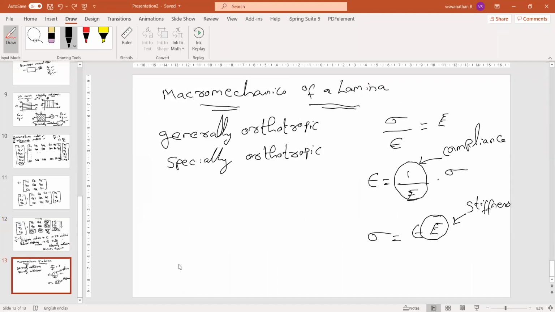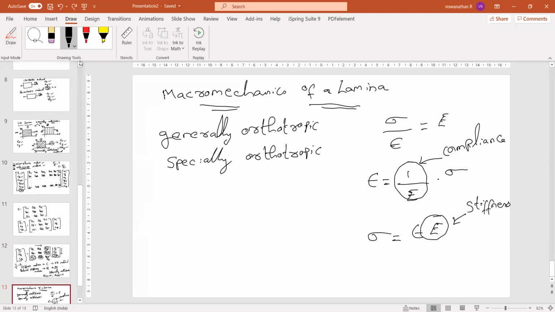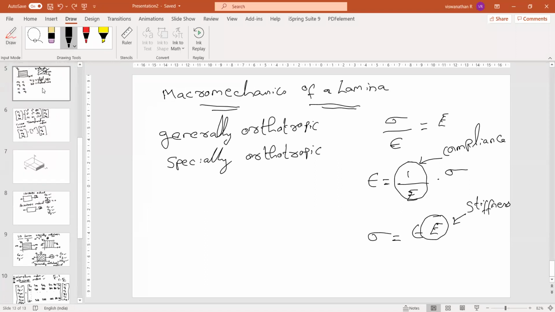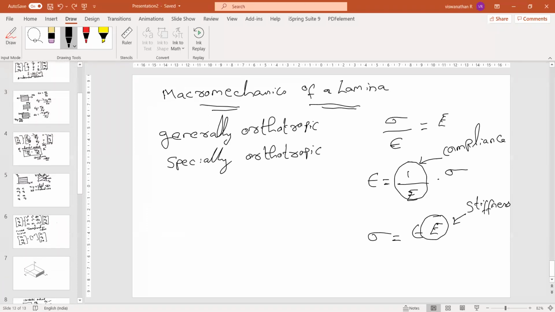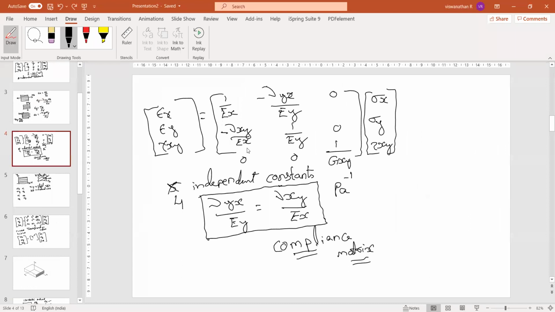Now we have the formulas for the compliance matrix. We had derived it. What is this matrix? It is the compliance matrix.